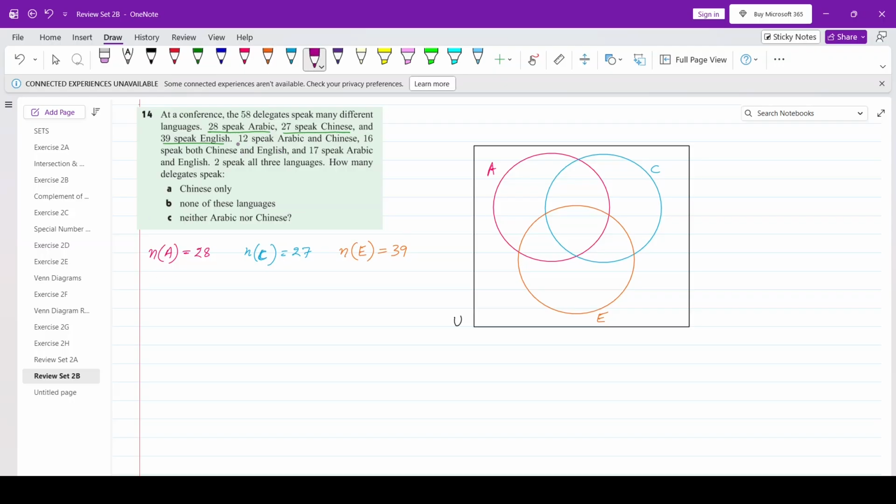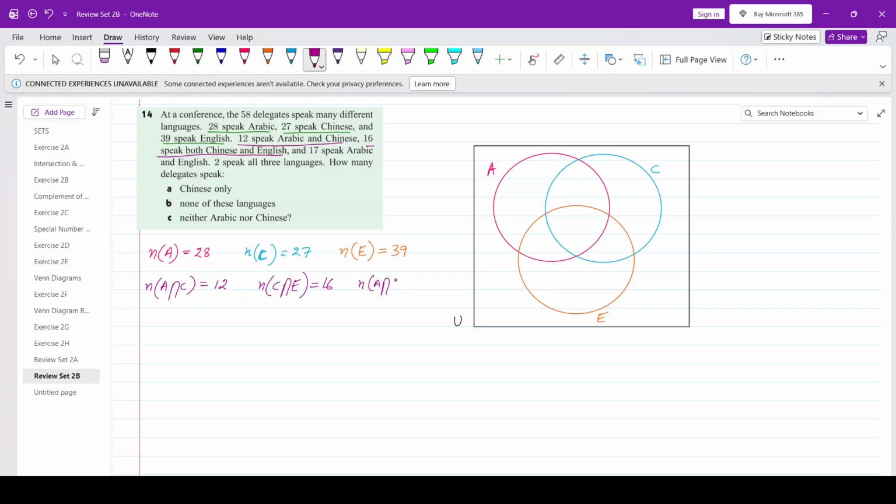12 speak Arabic and Chinese. So the number of elements in Arabic intersection Chinese is 12. 16 speak both Chinese and English. Number of elements in Chinese and English is 16. 17 speak Arabic and English.